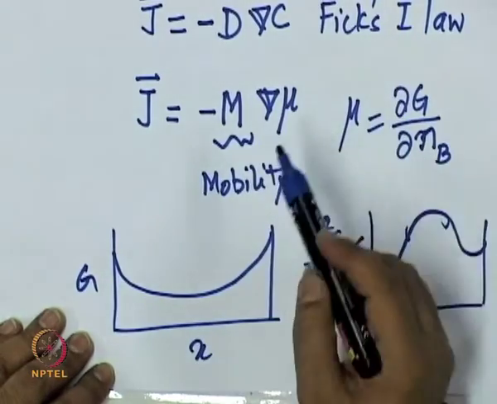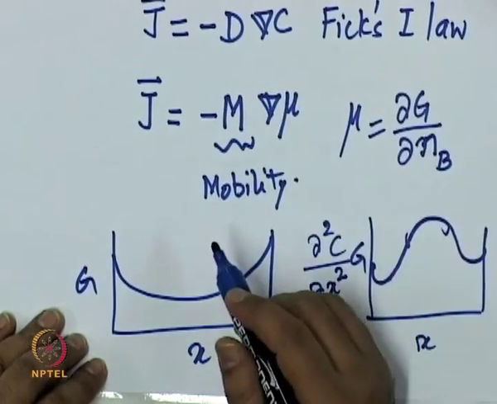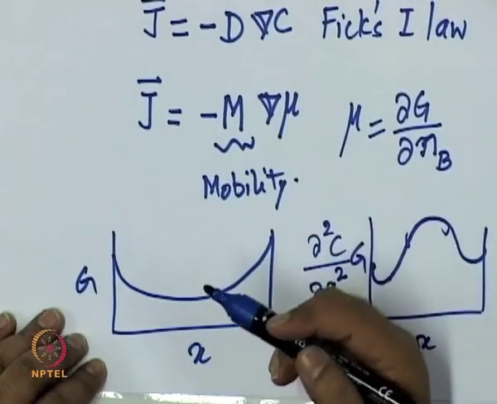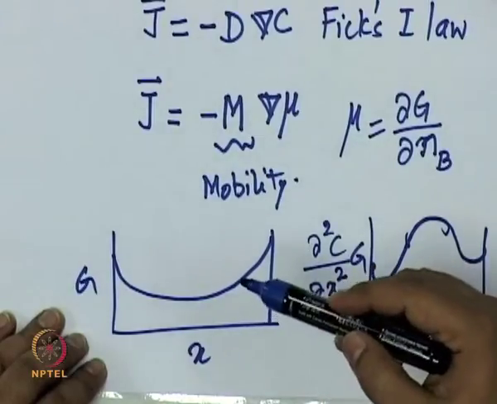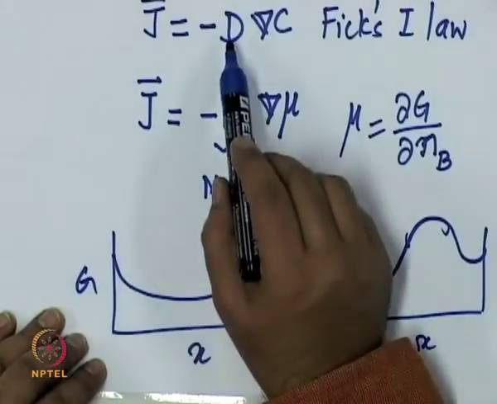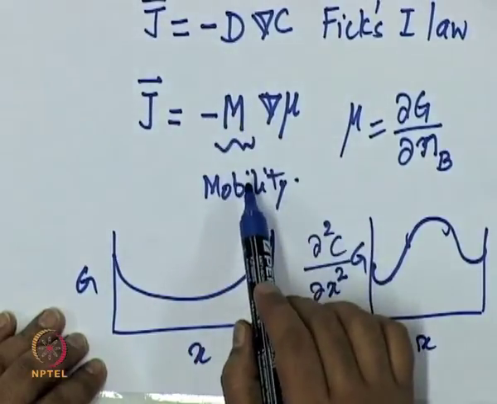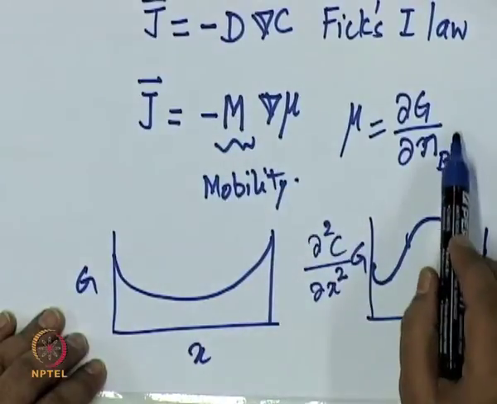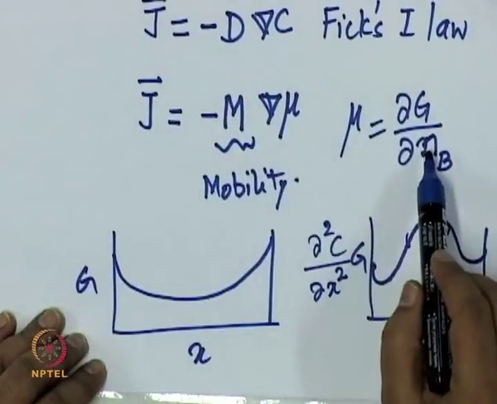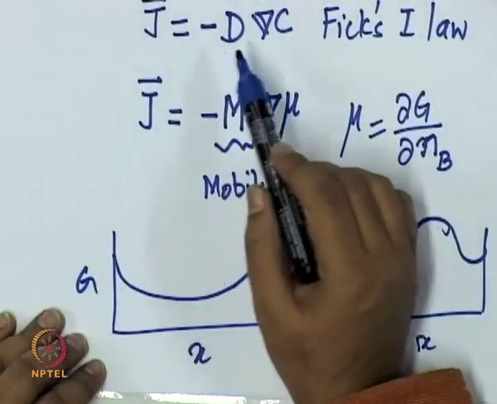So, in other words, this is the understanding of why diffusivity suddenly becomes negative. Why did it become negative? The answer seems to be that the sign of diffusivity depends not only on mobility, which is a more basic parameter, but it is mobility times the curvature of the G versus X curve. So, if it is positive, then diffusivity is positive.